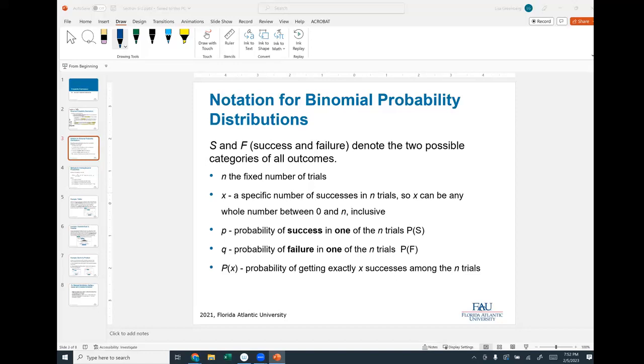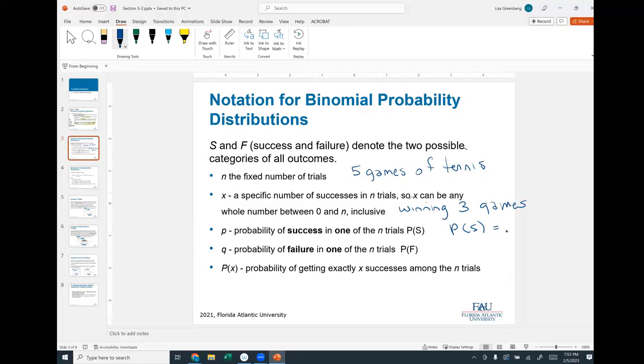Let's say I'm playing tennis, okay? So I'm going to play 5 games of tennis, okay? X is the number of successes in n trials. I want to know the probability of winning 3 games out of the 5, right? The probability of success, let's say I think I'm a better player.